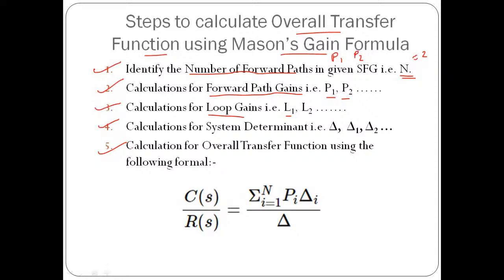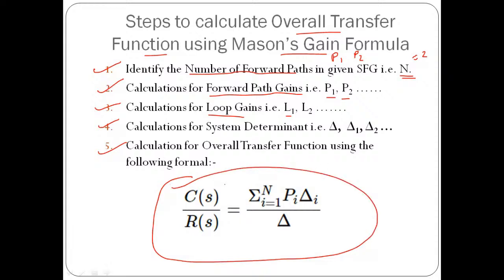Then in step number 4, we need to calculate the system determinant indicated by symbols delta, delta 1 and delta 2. And finally, we need to apply Mason's gain formula to find its overall transfer function. So it is going to be C of S by R of S is summation i varying from 1 to n, P i delta i divided by delta.